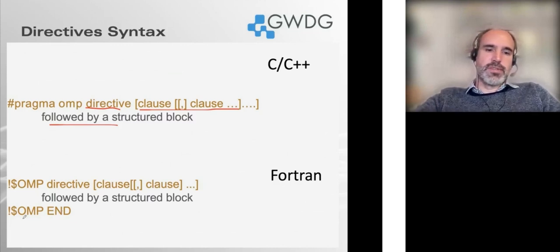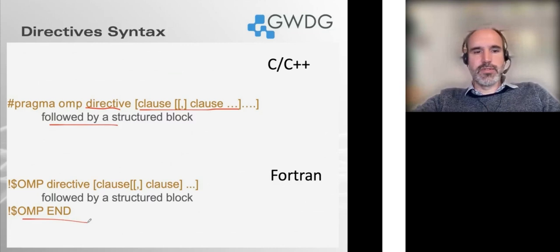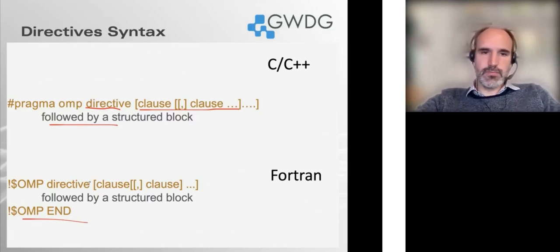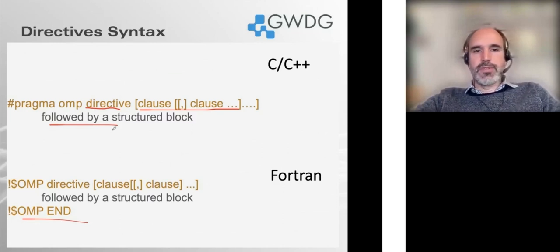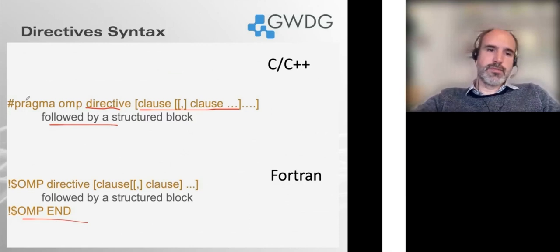You need to say OMP end to close the parallel region properly. You will learn it quickly, but just to hint, so you make fewer mistakes. Directives are written in lowercase, or everything in this pragma here is actually written in lowercase.